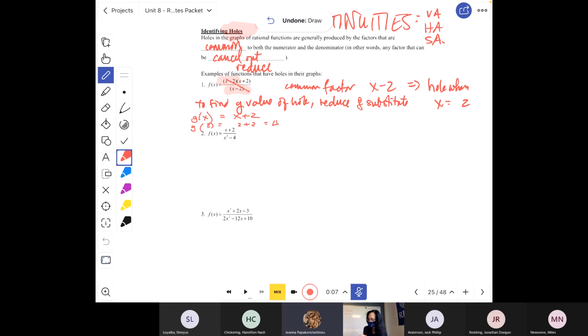Okay, so do we see this? So when x is 2, y is 4, that is my hole. I find the x value of the hole. Does that make sense?